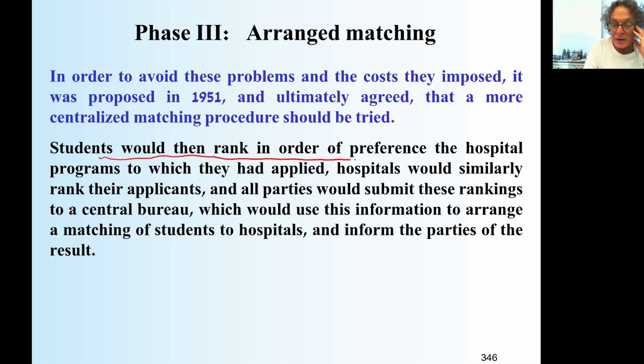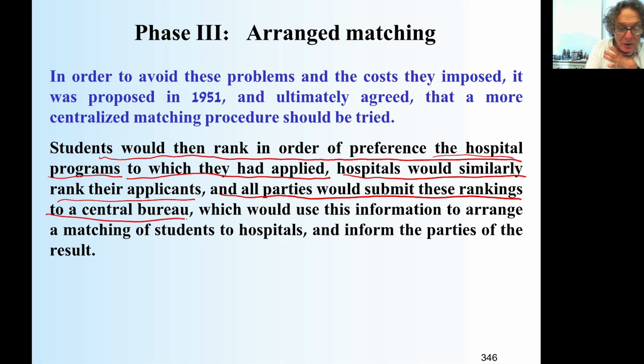Students would rank in order of preference, what I prefer more and less, the hospital programs to which they had applied. Hospitals would similarly rank their applicants. So they send applications, they rank all the hospitals to which they applied, and all parties would submit these rankings to a central bureau. So not to the hospital.